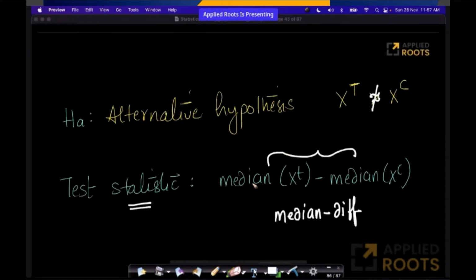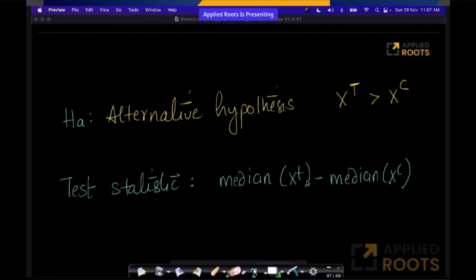So your test statistic is what you decide. Again, there could be many valid test statistics. We picked this in our previous experiment. There can be many others. So in our previous example, the test statistic was the median difference between the treatment and the control.